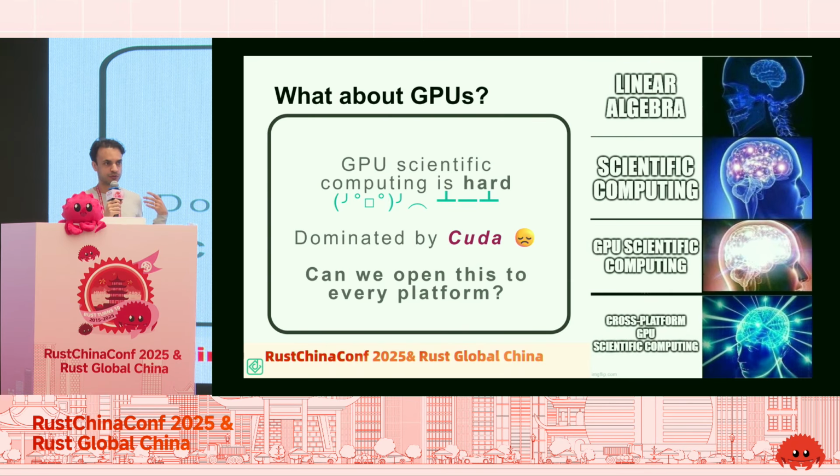And there are a lot of challenges which are not only unsolved in the Rust ecosystem, but also in any GPU ecosystem in general, which is that, because GPU scientific computing is hard, you already have a very small number of people working on that. So if you are looking for code to reuse, you don't have that many options, and you also don't have the tools to reuse these easily.